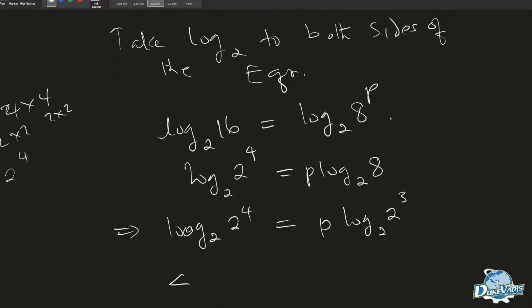So this will be 4 log 2 base 2, which is equal to 3p log 2 base 2.